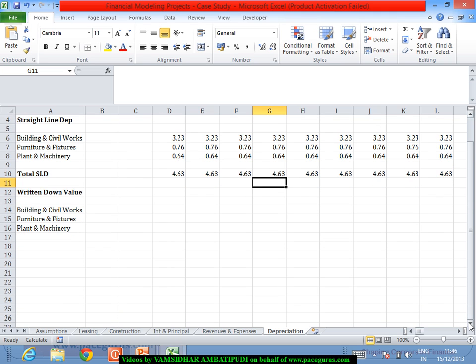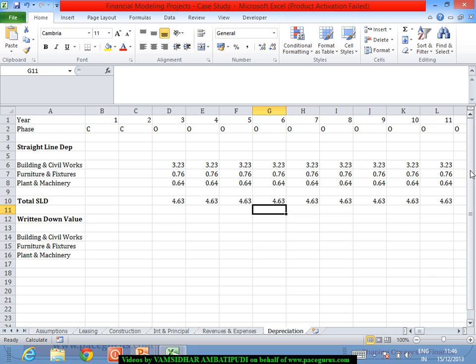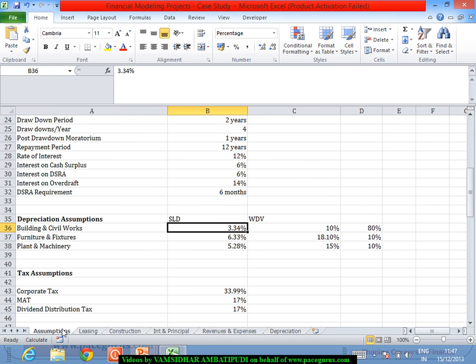So this is what is the total straight line depreciation for this particular period. Now when we are getting into the written down value, of course we'll discuss about how we address these two things as a part of our taxation part, right? But just to understand what kind of difference each of these things are creating, all I can do here is I decrease each of the year's asset value by 10% every year.